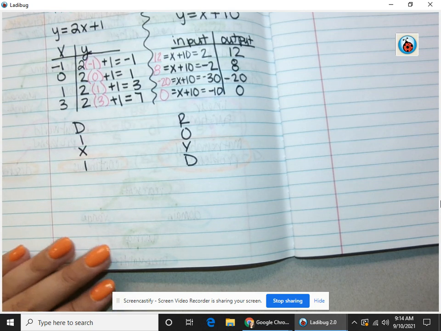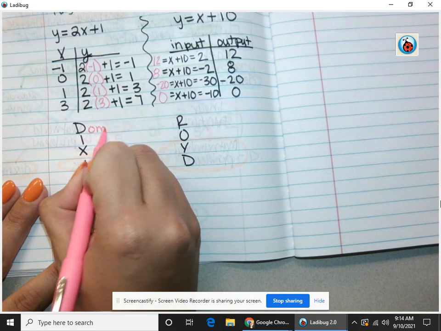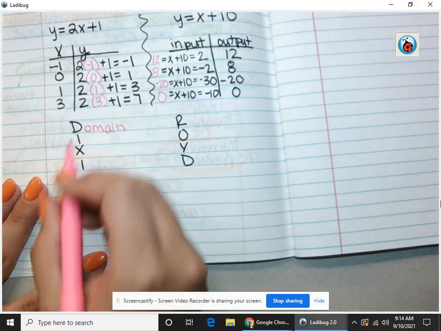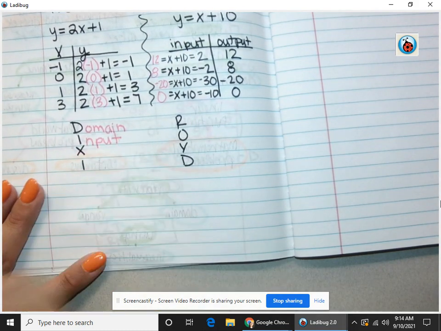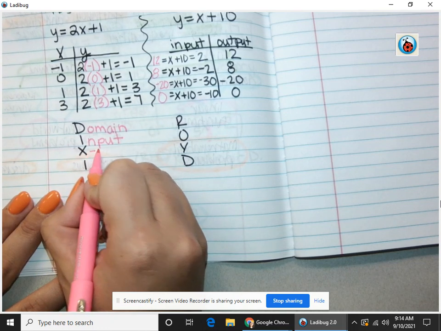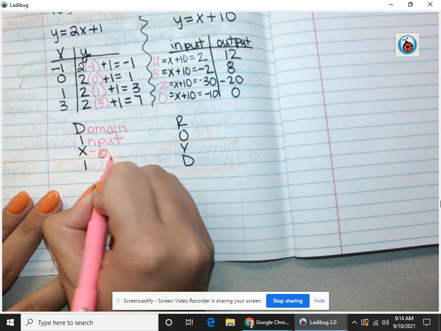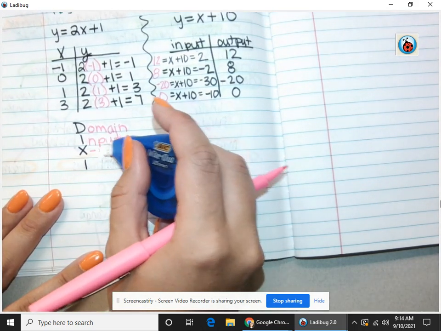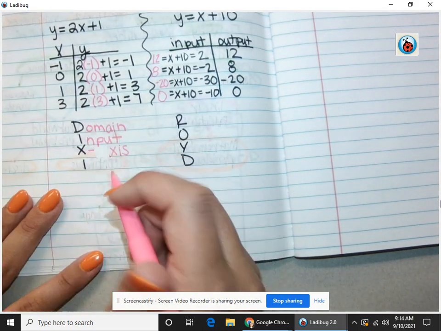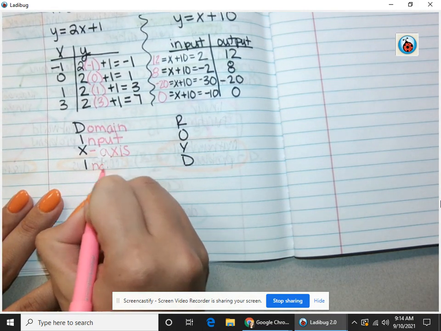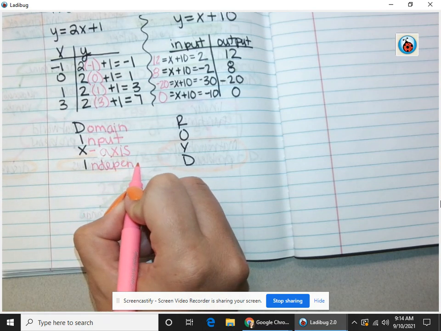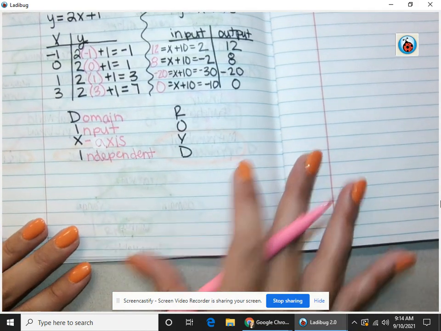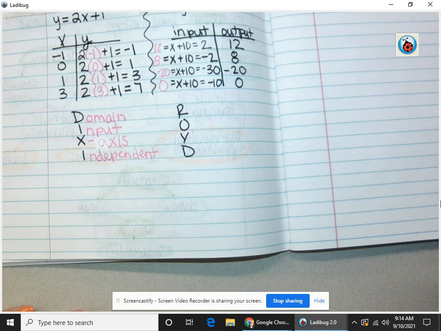Here's what it stands for. D stands for domain. We already talked about it: it's the input, it's the x-axis, and it's the independent variable. It is independent, it is on its own, it does not require y, it just requires itself.